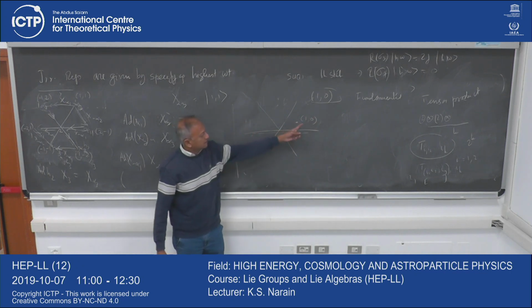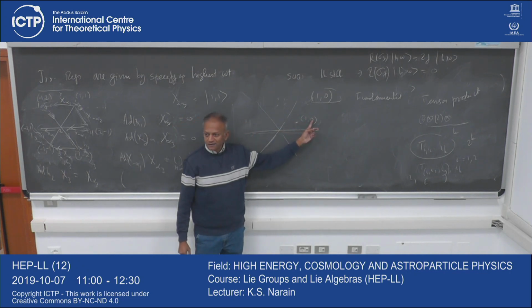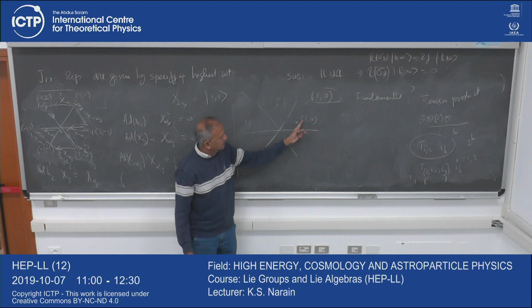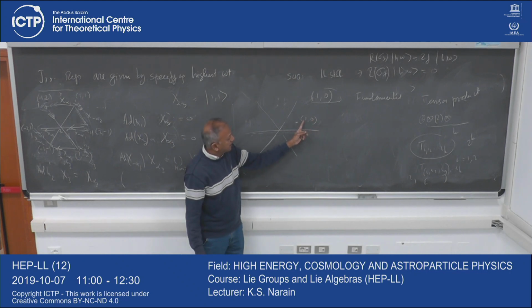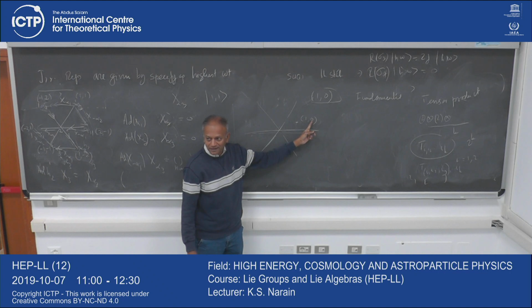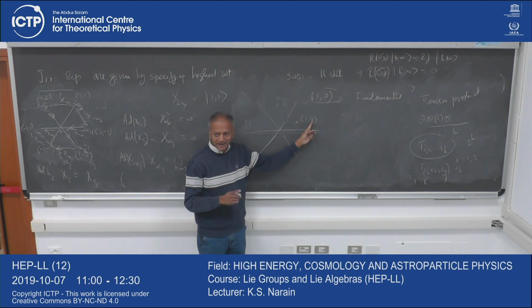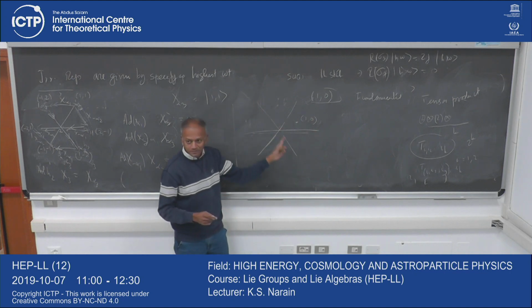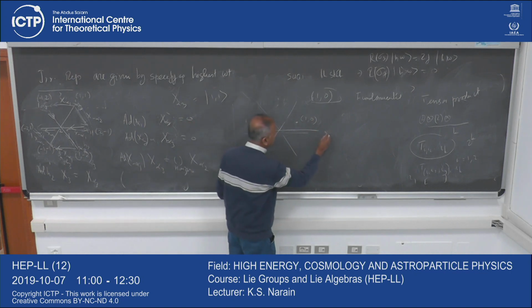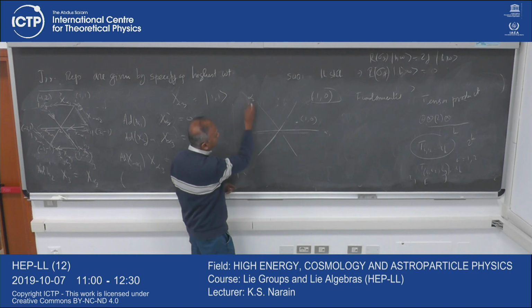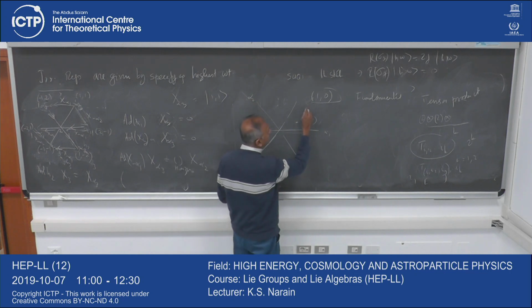Now, given the fact it is 0, remember these are the eigenvalues of H1 and H2 of the highest weight state. So H2 equal to 0 means it's a singlet with respect to this SU2. This was alpha 1 and this was alpha 2. And these numbers are H1, H2.